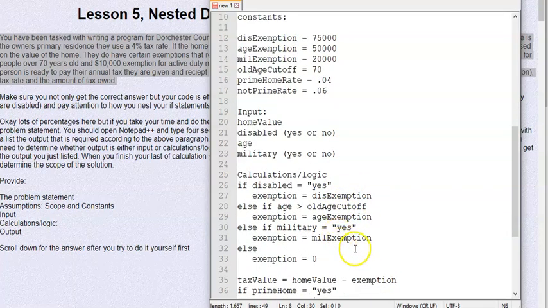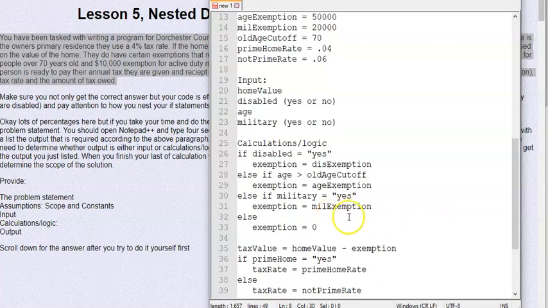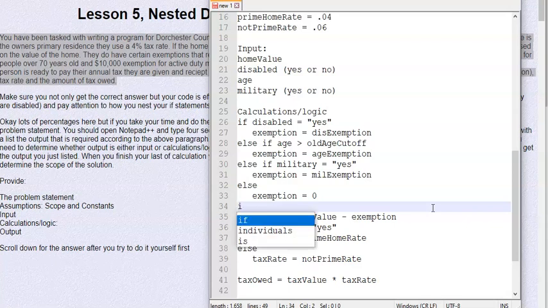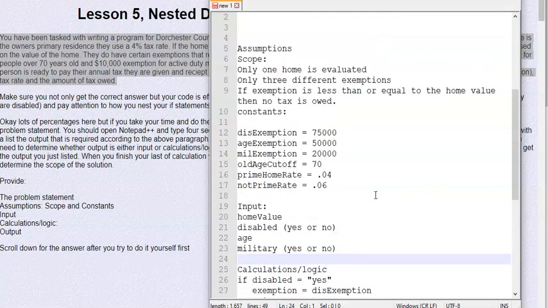So that's another issue that we have. So let's put that decision in.